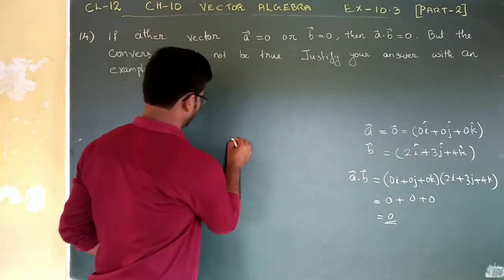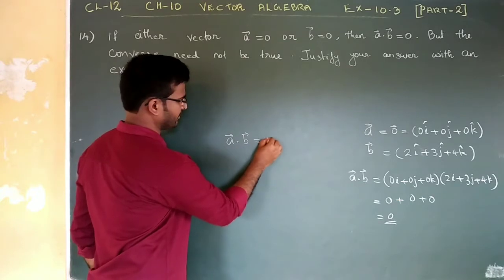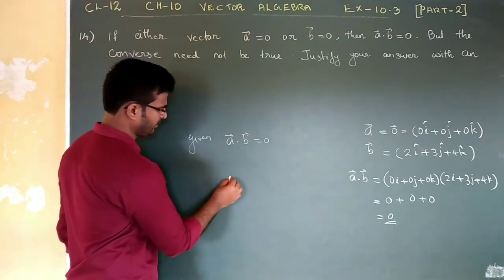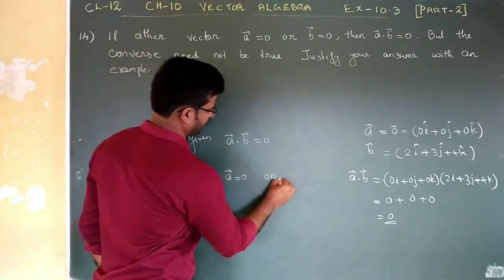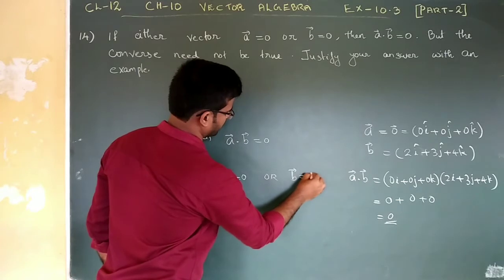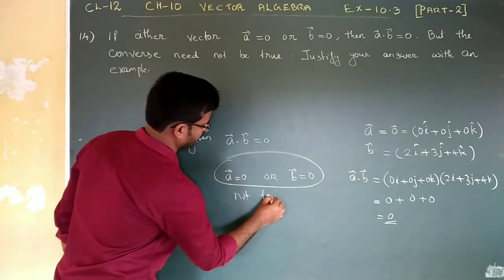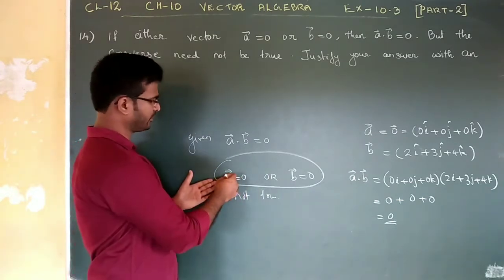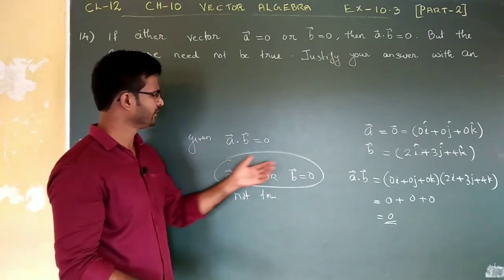That means, given that A dot B is 0, it does not have to follow that A equals 0 or B equals 0. There is no need for either vector to be 0. Both A and B can be non-zero vectors and we will still get this answer.